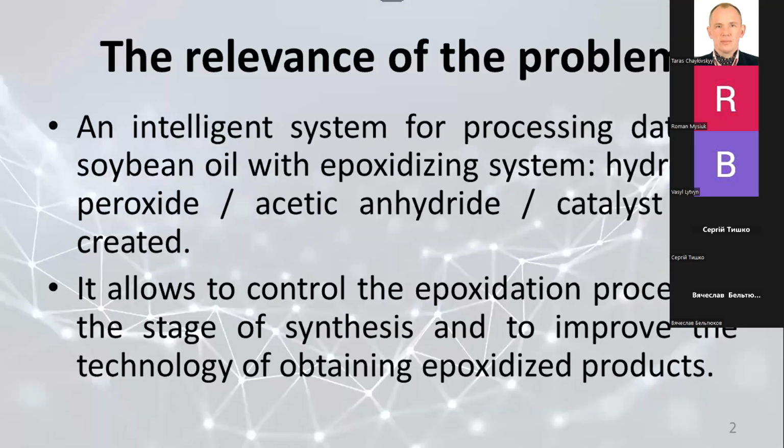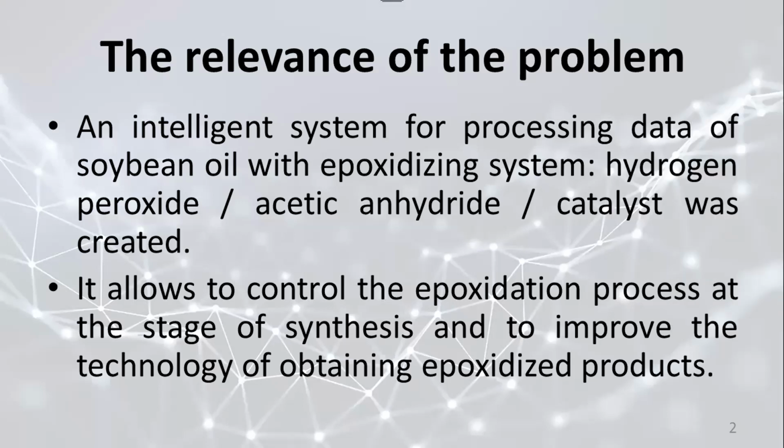An intelligent system for processing data of soybean oil epoxidation with an epoxidizing system with hydrogen peroxide and acetic anhydride catalyst was created. It allows researchers and engineers to control the epoxidation process at the stage of synthesis and to improve the technology of obtaining epoxidized products.